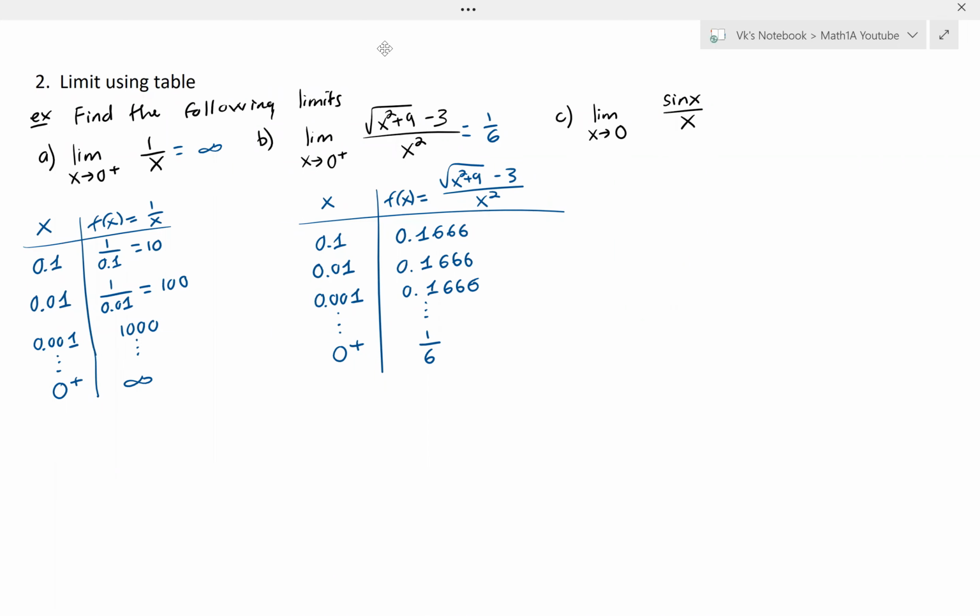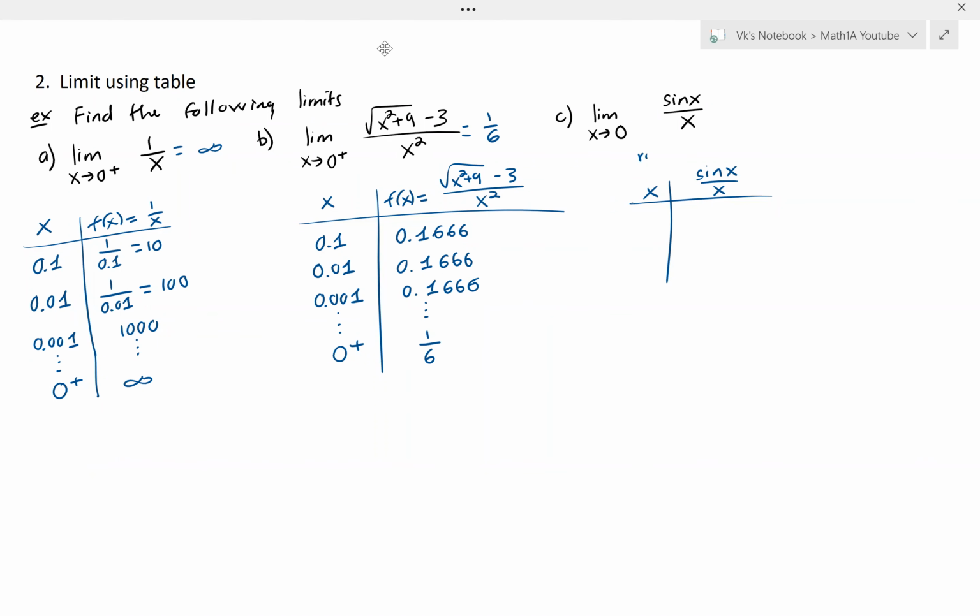In C, we have the limit as x approaches 0 of sin(x) over x. From the existence of limit, we've got to do two different tables. One for x approaching 0 on the right side, and the other one for x approaching 0 on the left side.